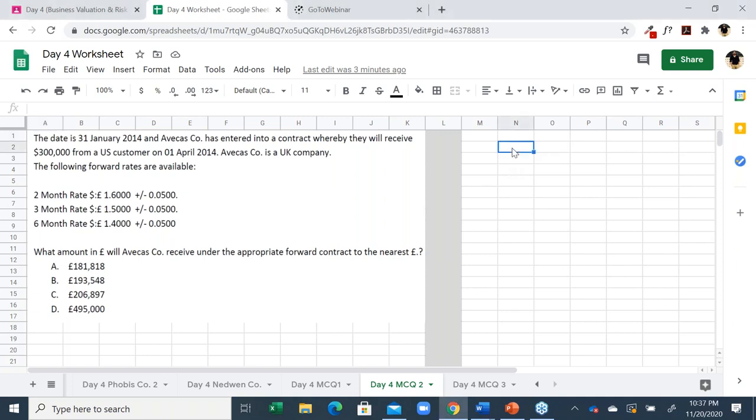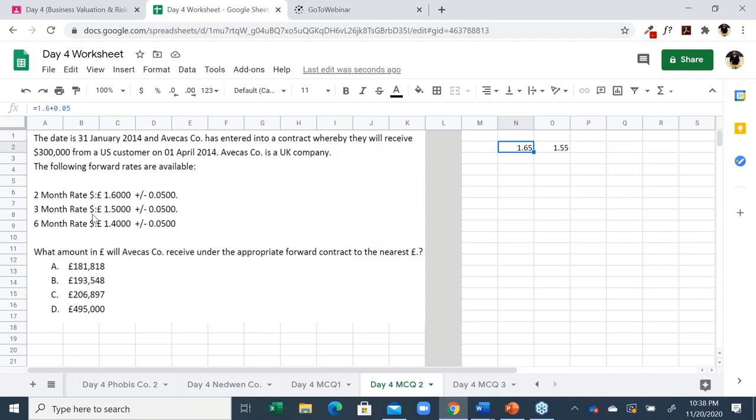Okay. Let's first convert the rates into buying and selling rates. 1.6 plus 0.05 is 1.65, and 1.6 minus 0.05. So these are the 2 rates. The rate is in US dollars, but we want to convert into pound sterling.